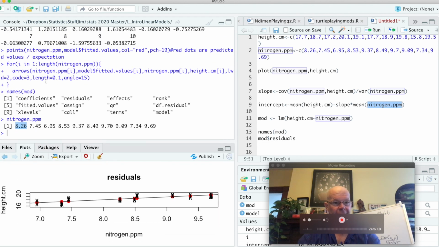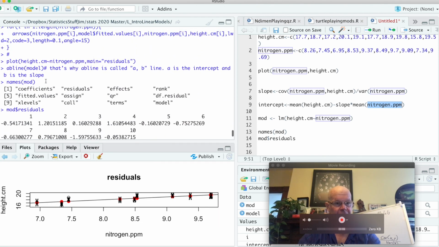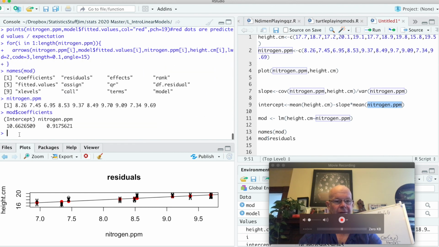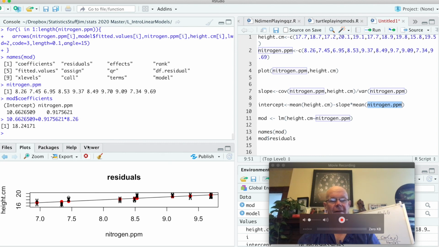If I were to copy and paste the intercept plus the slope times 8.26, that is the fitted or predicted value for the height for this first individual.